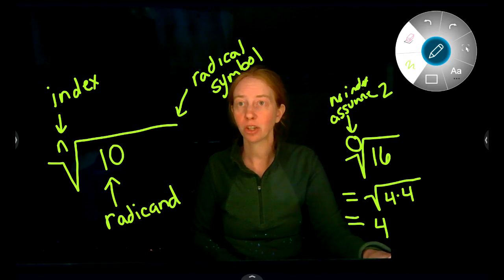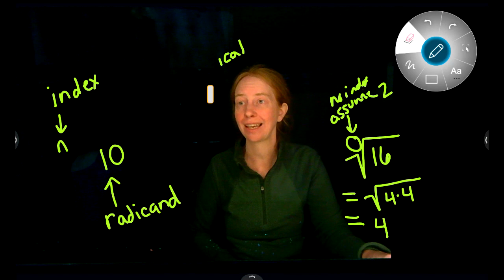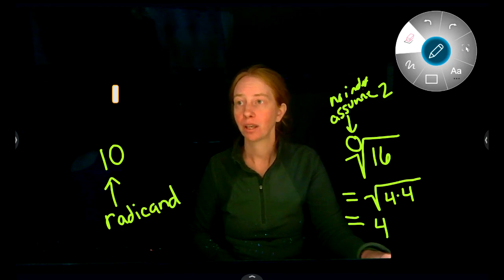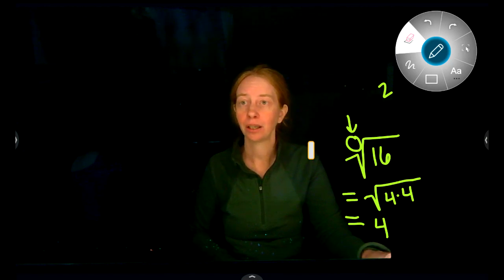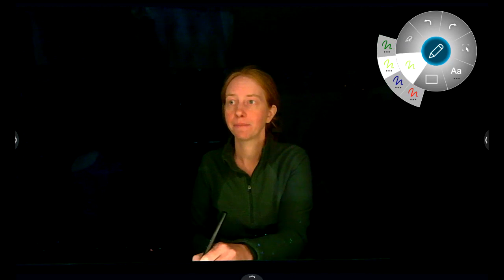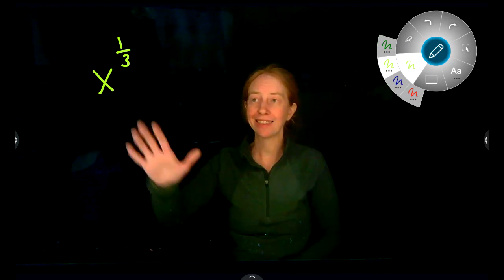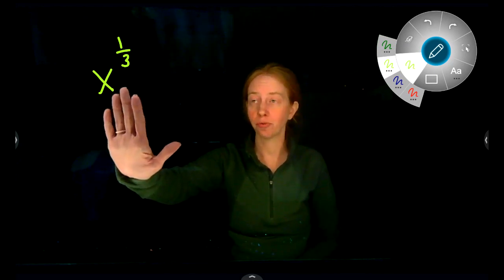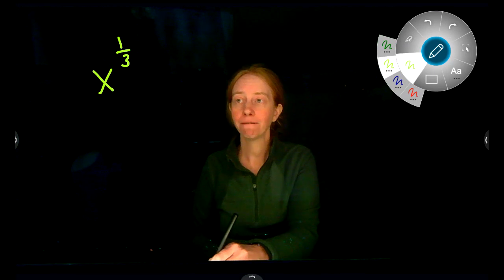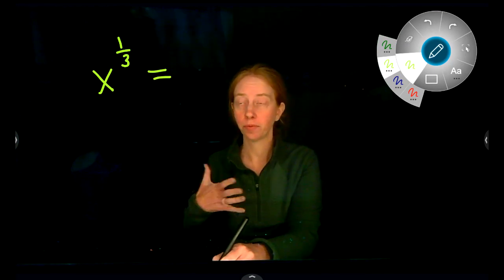The next thing I'm going to show you is what I meant before about when the exponent is a fraction. Let's say that we had something like x to the 1/3 power. This is called exponential form, but we can convert that to what we call radical form.